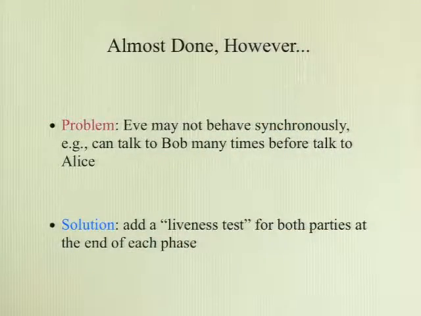In this case, Alice and Bob may not have a synchronous view of the protocol. They may not use the same Z_i to construct the MAC, which causes a problem for the protocol. The solution to this last problem is that we can add a liveness test for both parties at the end of each phase.